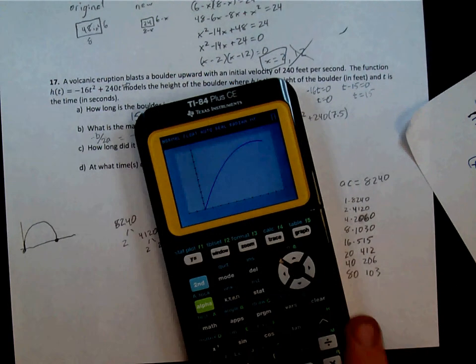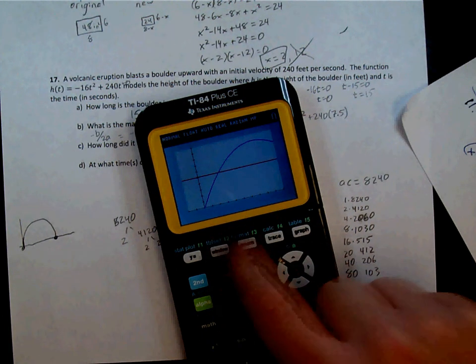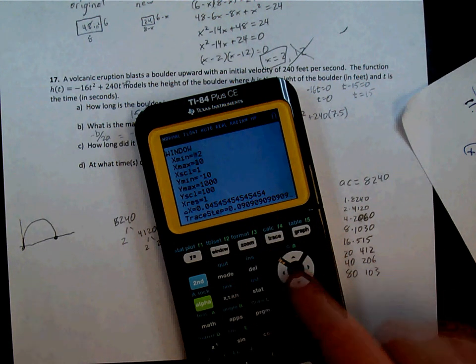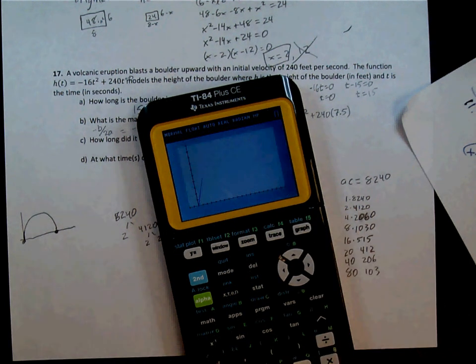I'll show you my calculator. It's graphing. I guess I need to go out farther yet. I'll take my X max out to like 20. I think 15 would have been enough, but I'm going to go that far. So let's check what these intersections are. My guess is they're not very nice ones, considering I'm having trouble finding the factors, or maybe I just missed it for some reason.